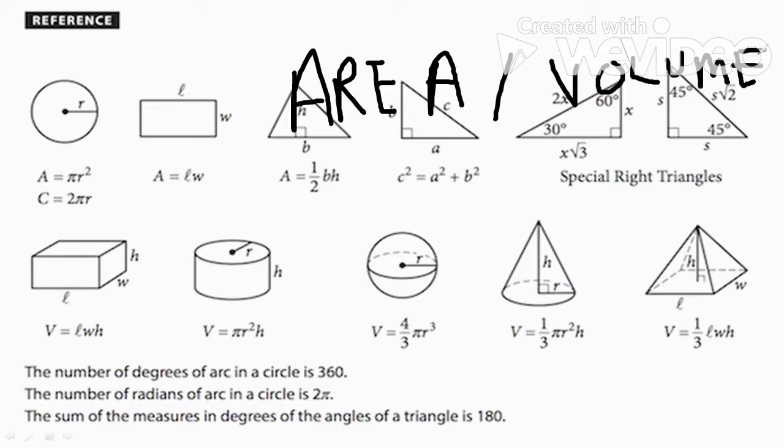What's the difference? Area is talking about how much space is on the flat surface of something. In other words, how much space is right here on that flat surface. That's what they want to know. That's what area is all about.